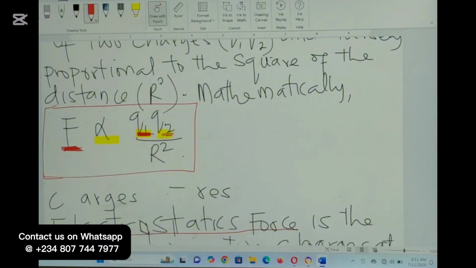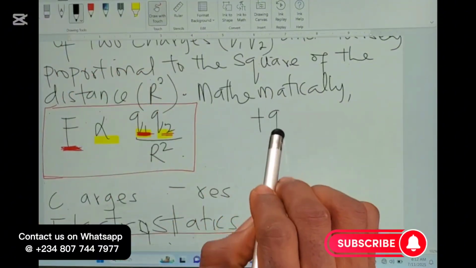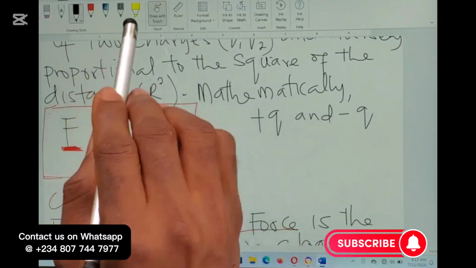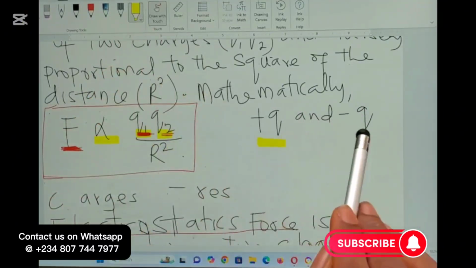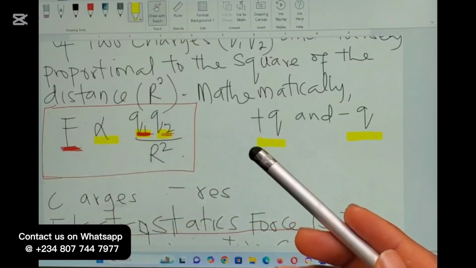If the charge is attractive, the force will be attractive, and if the charge is repulsive, the force will be repulsive. If I have plus Q and minus Q, these two charges are attractive, so the force will be attractive.